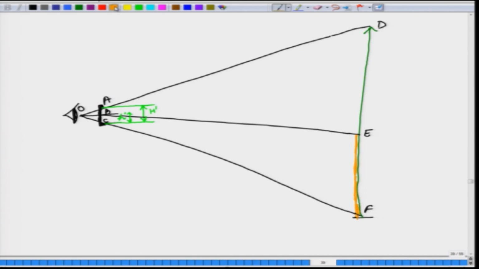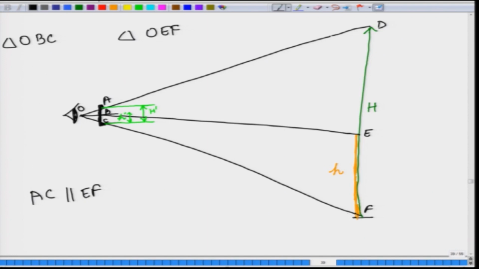The length of your rod is small h, and the height of the tree is capital H. Now, if we look at these two triangles, triangle OBC and triangle OEF, we find that because AC is vertical and it is parallel to EF. Now, if that is the situation, you have these two parallel lines.